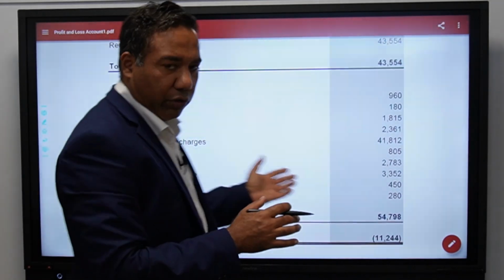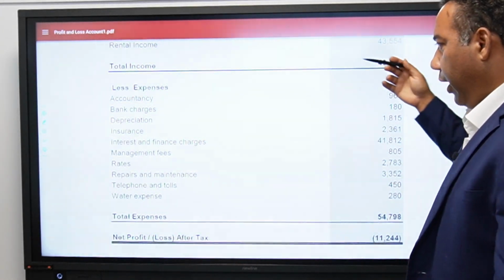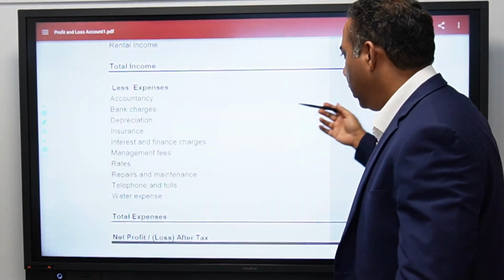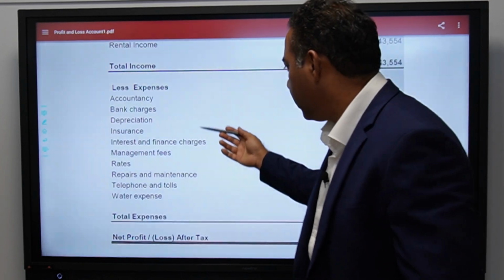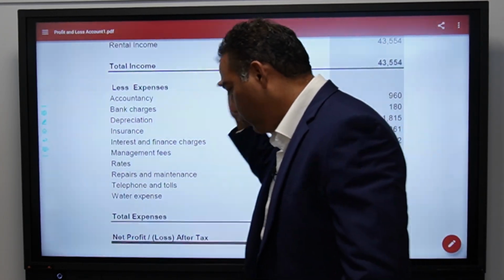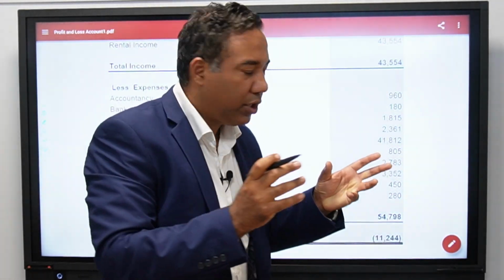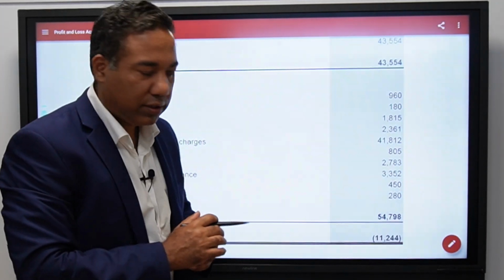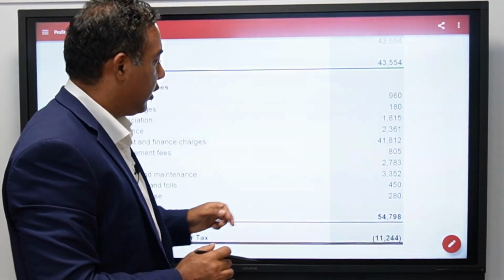Different kinds of expenses could be there: accountancy fees, bank charges, depreciation, insurance, interest, management fee, rates, repairs, phone, water. Now if the rental income is 43,000 and expenses are 54,000, of course it's a loss. So that's the first concept.